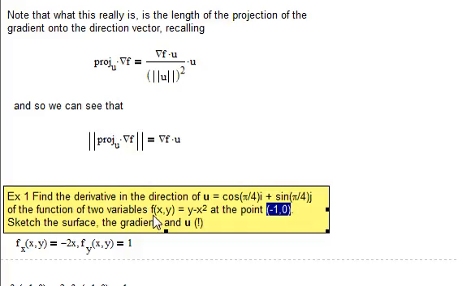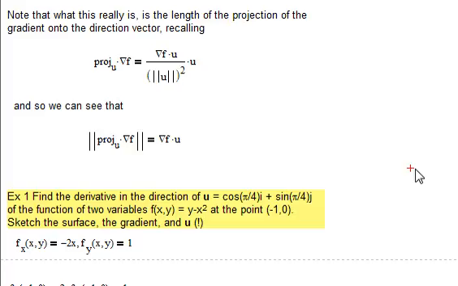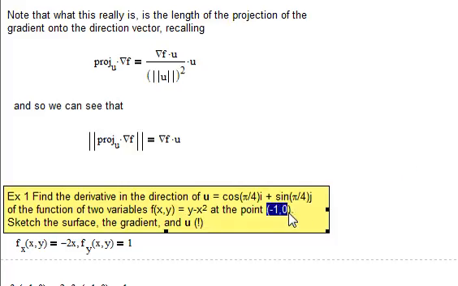So we're going to find the gradient vector of this curve, evaluated at the point negative 1, 0, find the dot product of that with this vector, and that will give us a number, and that number will be the slope of the curve, or sorry, slope of the surface, I should say, at that point in this direction.